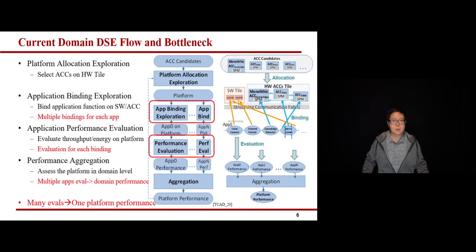Now here is the problem. For one platform allocation, it needs to explore and evaluate multiple bindings for multiple applications to obtain the platform performance. There are too many evaluations to run to obtain one platform performance, which is the bottleneck in domain DSE.